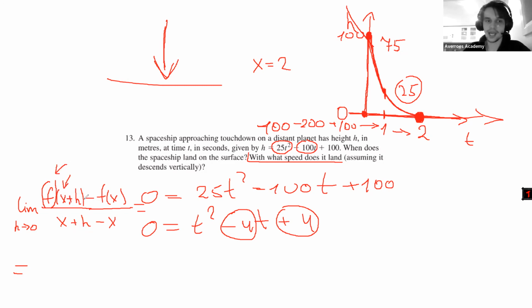So we're not actually taking some value of h here. And to find the value of y at this point, x plus h, you're simply substituting your variable in the equation with what you have here in the brackets, x plus h. In our case, it's t plus h. Time plus some difference.